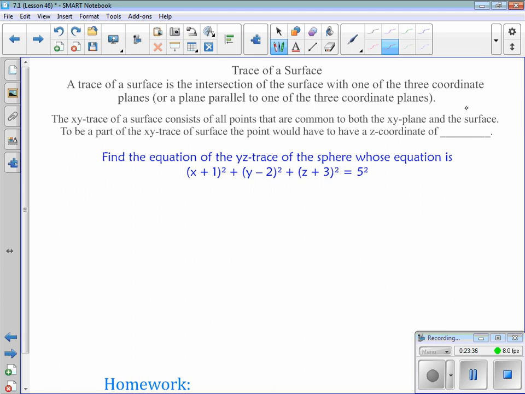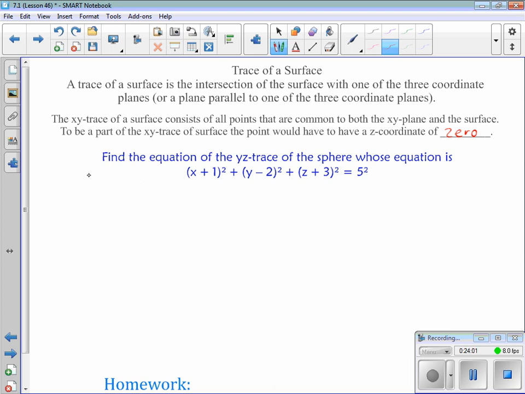Okay, so if we were trying to find the yz trace, what would you do? Plug 0 in for x. Okay, so you plug 0 in for whichever one you're not finding, okay? So the xy trace consists of all points common to the xy plane. To be part of the xy trace, the z coordinate has to be 0, we said, right?